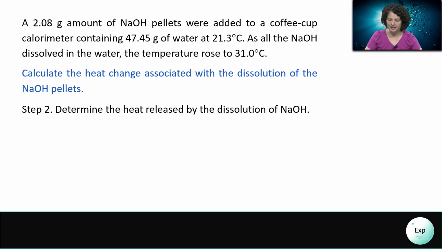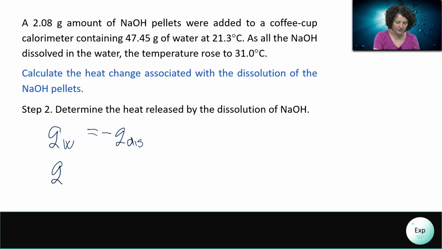Determine the heat released by the dissolution of the sodium hydroxide. If our assumption is correct that there were no heat exchanges outside of the dissolution of sodium hydroxide and the water that was in the calorimeter, we can say that the heat of the water has to be the same as the heat of the dissolution with opposite sign.